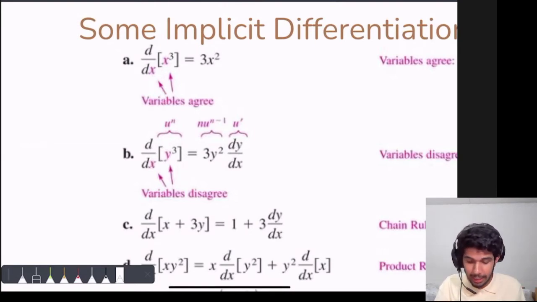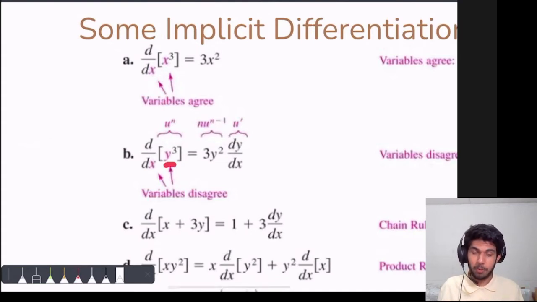We'll think about it like outside, inside. So the outside is this cubed term and the inside is this y term. If we take the derivative of the outside, we bring down the power with just the power rule, 3, we keep the inside y, and decrease the power by 1, squared. So that's what that's saying up here, u to the n minus 1. That's just the power rule, that's the outside. And we multiply it by the derivative of the inside.